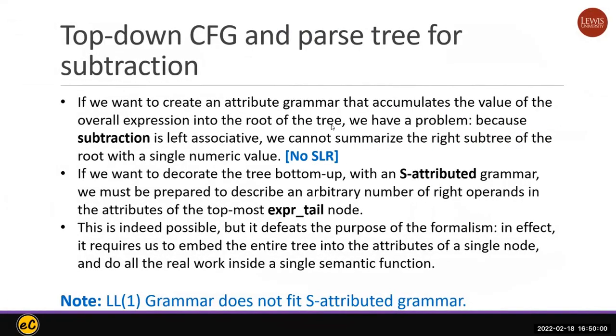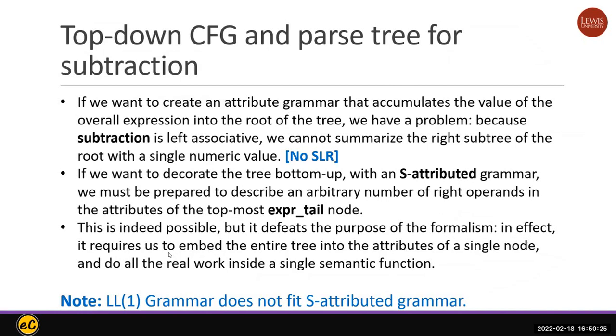So here, if we want to decorate bottom-up with an S attribute, we cannot do that, because your right subtree doesn't have a value, okay. We must prepare to describe an arbitrary number of right operands in the expression tail. This is indeed possible, but it defeats the purpose of the formalism.